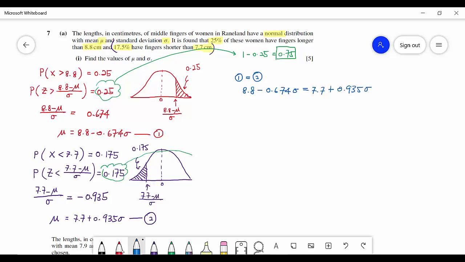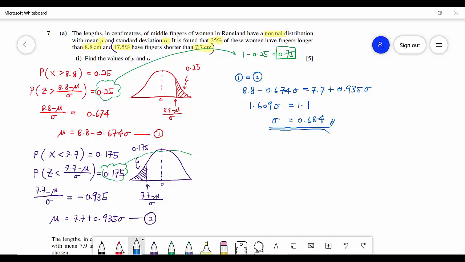If you continue carefully from this step, you should get 1.609 sigma equals 1.1, and eventually your sigma should be equal to 0.684. So this is what we have for the sigma.